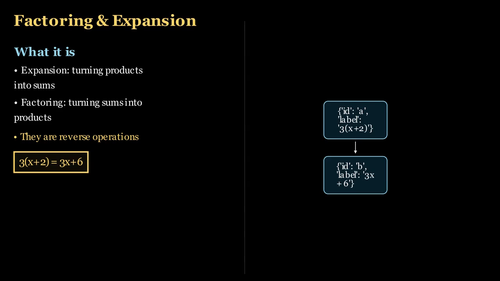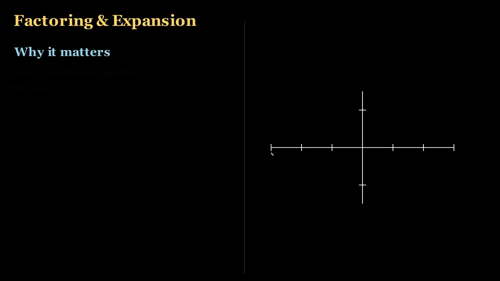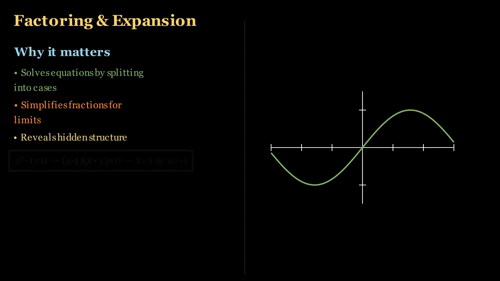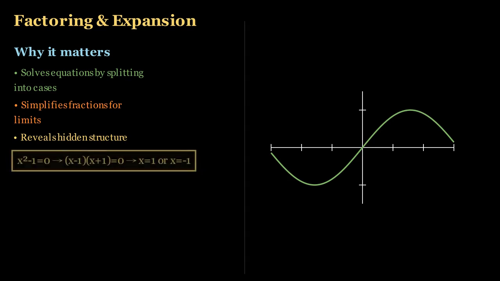Why do we care about rewriting expressions? Because in calculus, you constantly need to simplify things to see what's really going on. When you factor a polynomial, you can solve equations easily. If a product equals 0, at least one factor must be 0. When you expand, you can break a complicated expression into smaller, friendlier pieces, which is essential for taking derivatives.